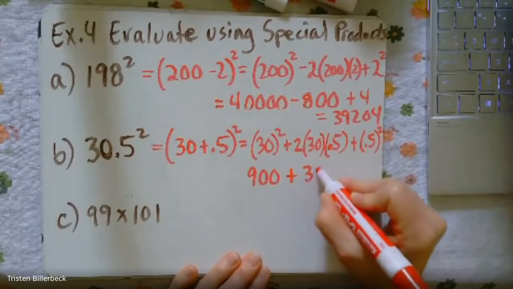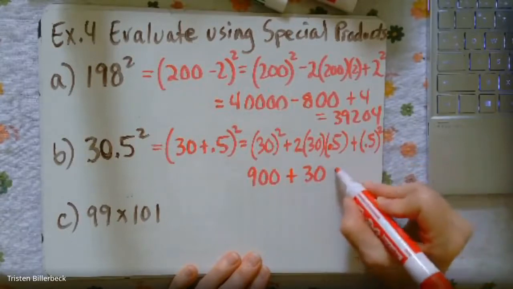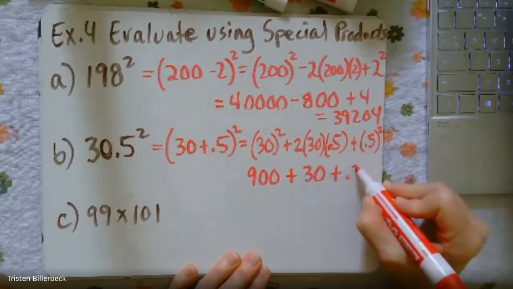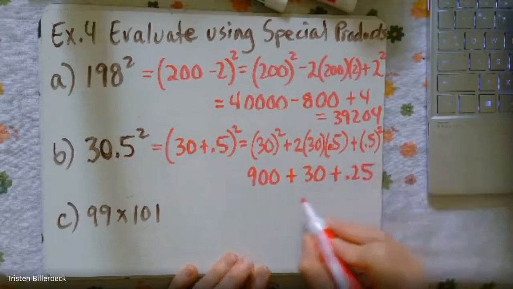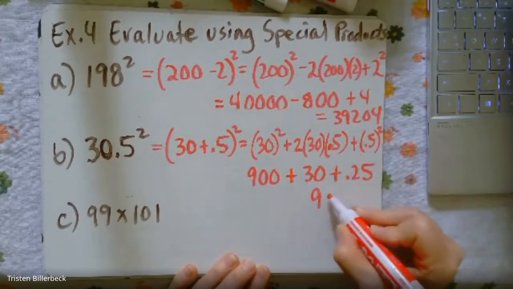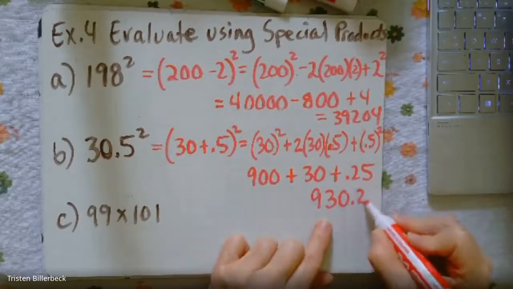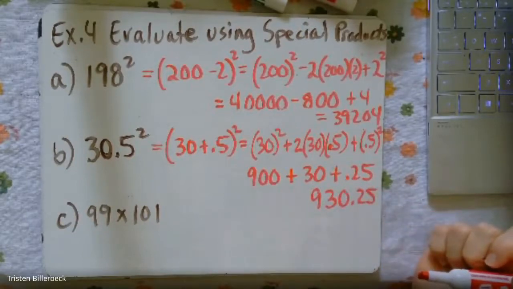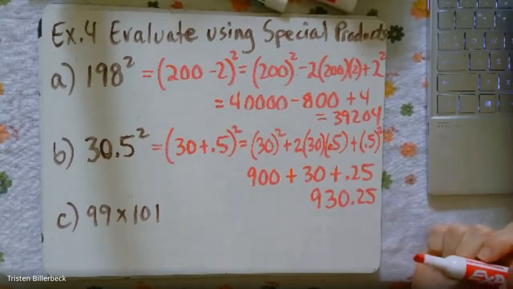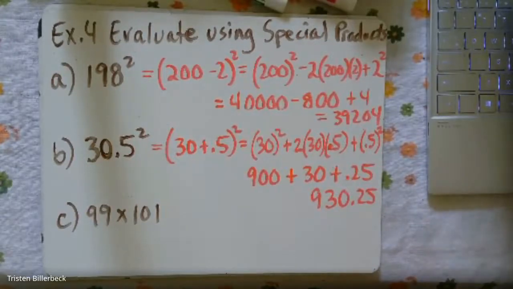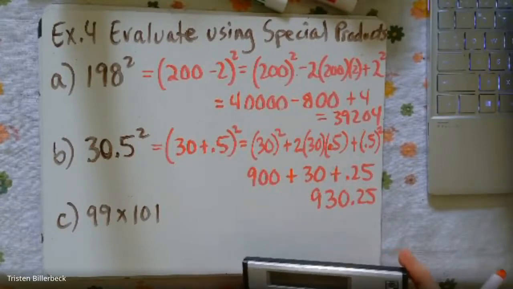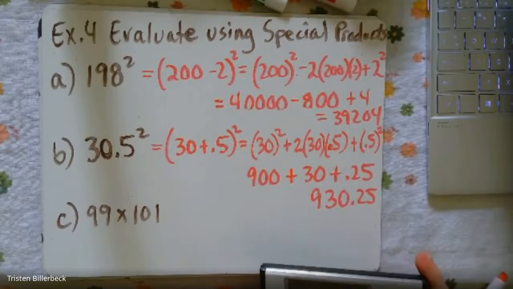So that gives us 30, and 0.5 squared is 0.25. So the answer for this one is 930.25. Okay, so if we double check that on the calculator, make sure everything is good. And that's exactly the right answer.